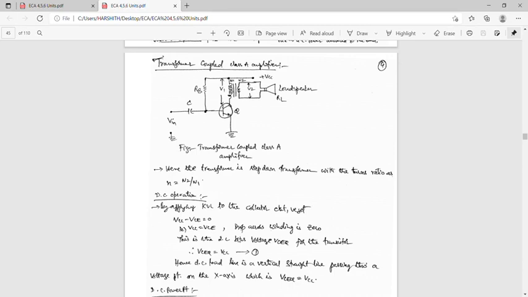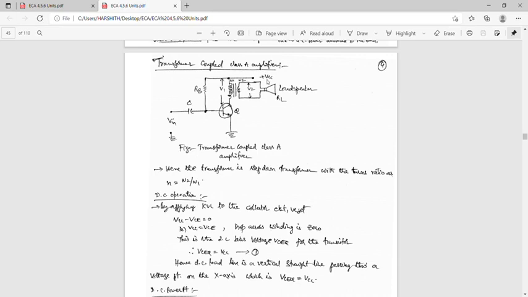Applying KVL to the collector circuit, with this being VCC, we get VCC minus VCE equal to 0, that is VCC equals VCE, since the drop across the winding is 0.